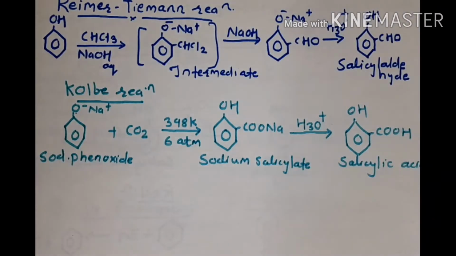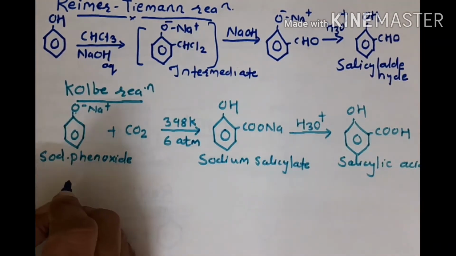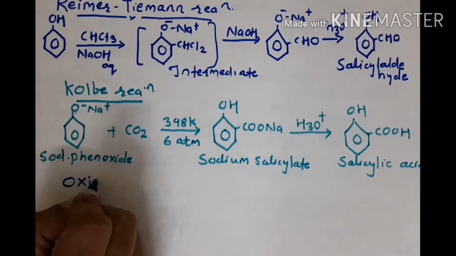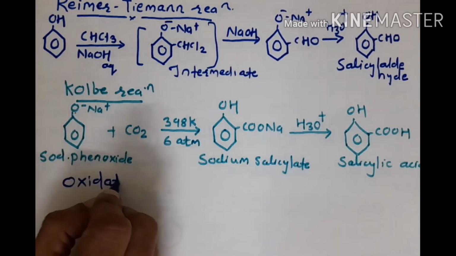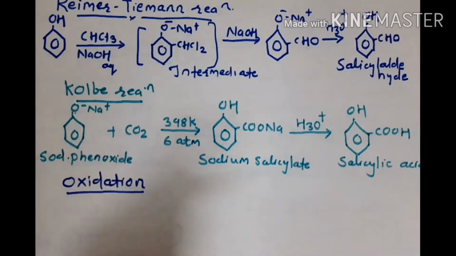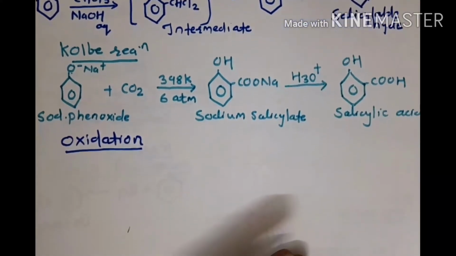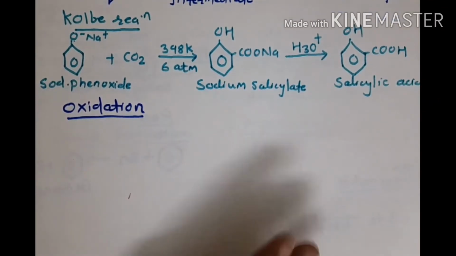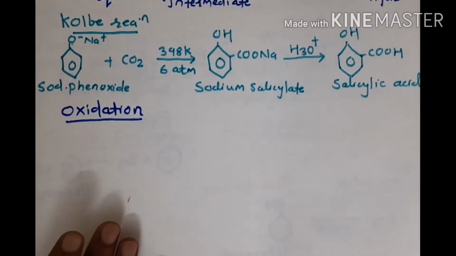Okay. After this, the next chemical property shown by phenol is oxidation of phenol. Now see what happens in oxidation of phenol.